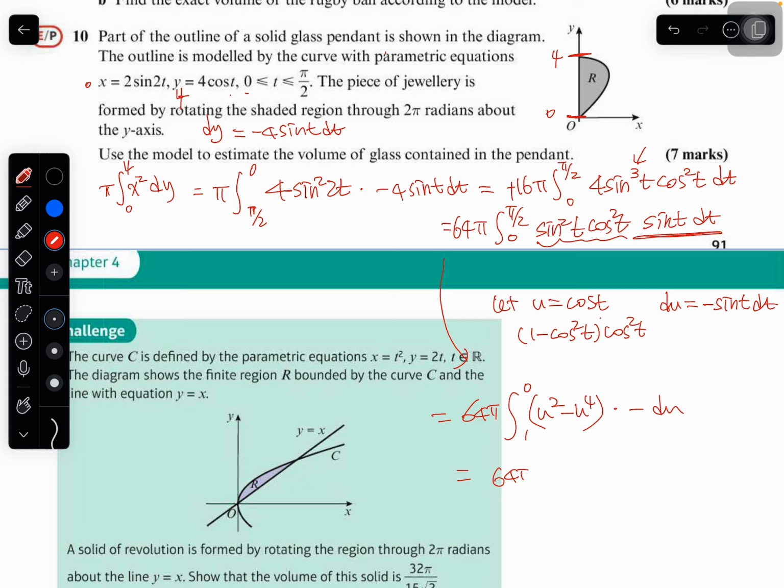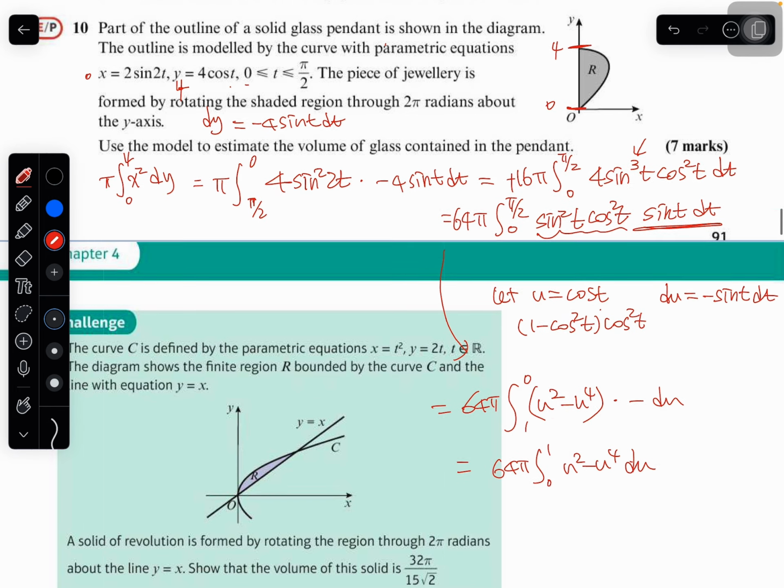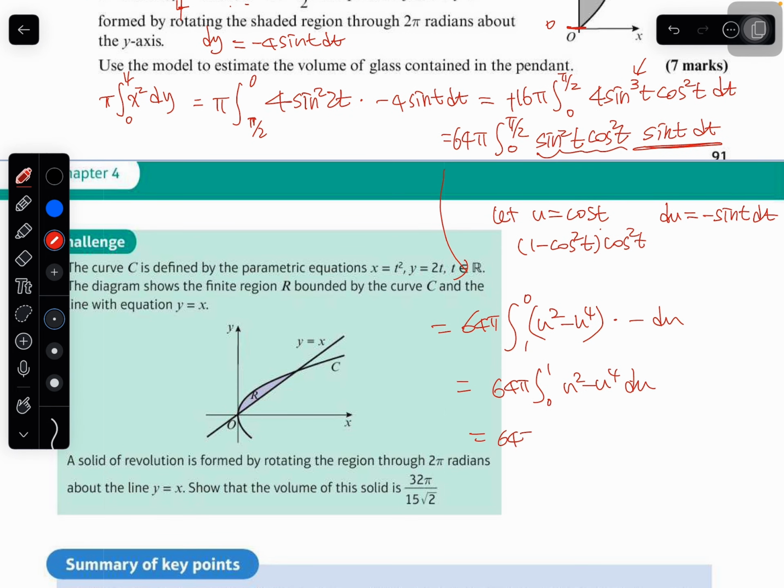So 64 pi, again change the direction of the boundary, u squared minus u to the power of 4 du. 64 pi, u to the power of 3 over 3 minus u to the power of 5 over 5, 0 to 1. 64 pi times 2 over 15. So the answer is 128 pi over 15.